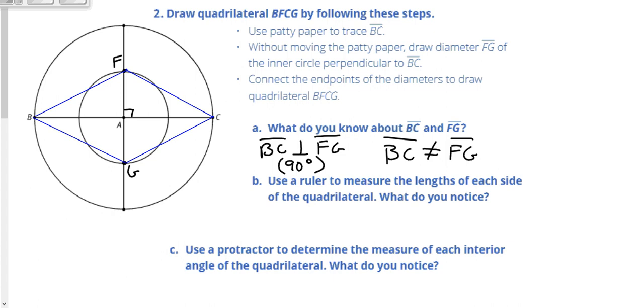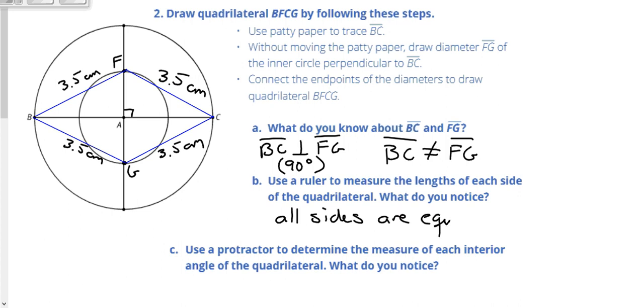Okay, I got about 3.5 centimeters. And again, you could be a little bit different than what I have. The key thing is that hopefully they're all pretty close to the same. So we know that all sides are equal, or congruent, either way you want to talk about it.